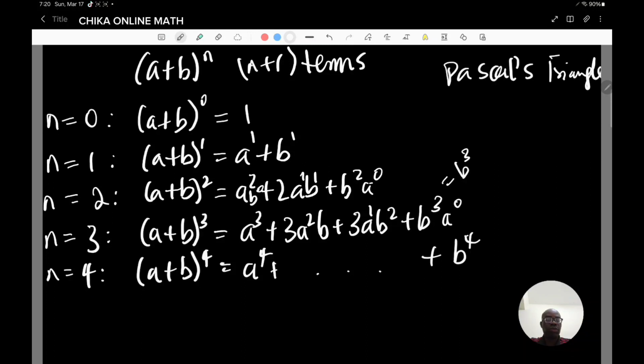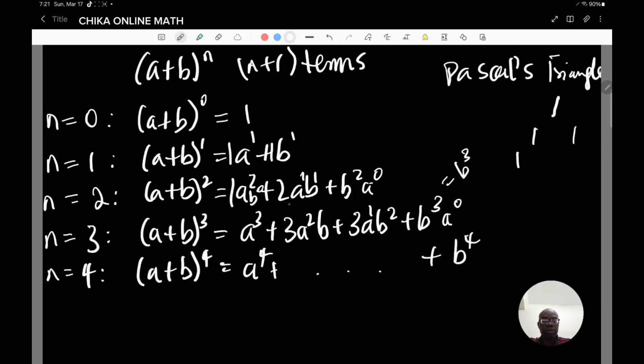The first one, for n equal to 0, we have the coefficient 1. For n equal to 1, the coefficient of a raised to power 1 is 1, and the coefficient of b raised to power 1 is 1. So we have 1, 1. Now, for n equal to 2, the coefficient of a squared is 1.